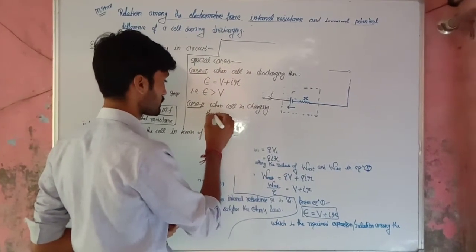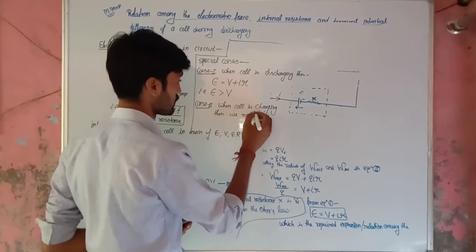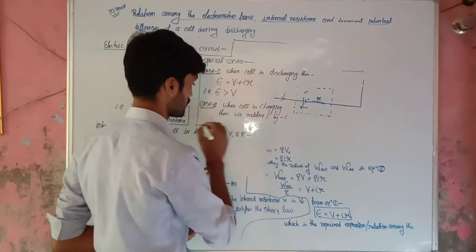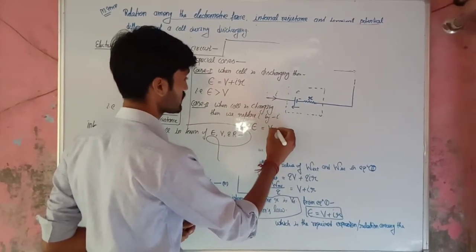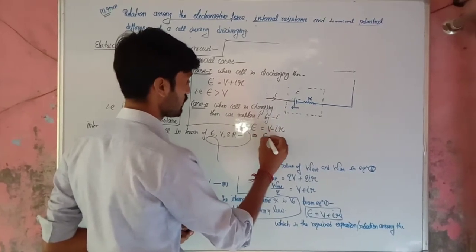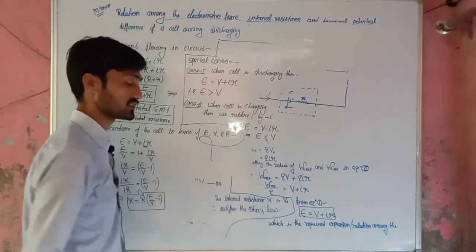Then we replace I by minus I. Then E will be equal to V minus I R, which implies that E will be less than the terminal potential difference.